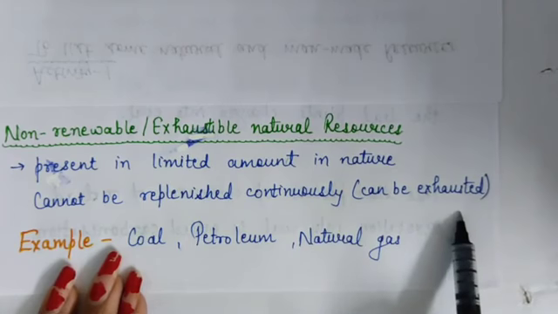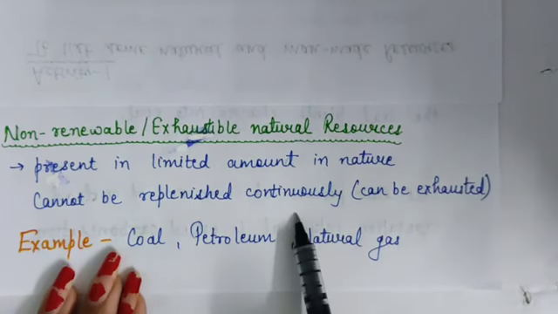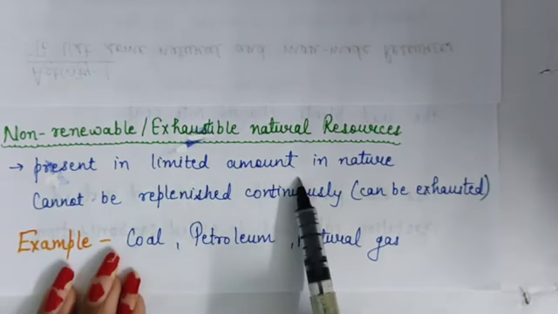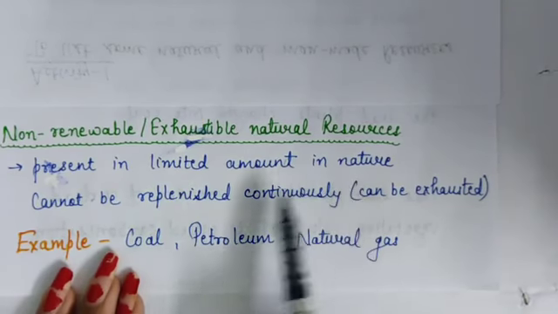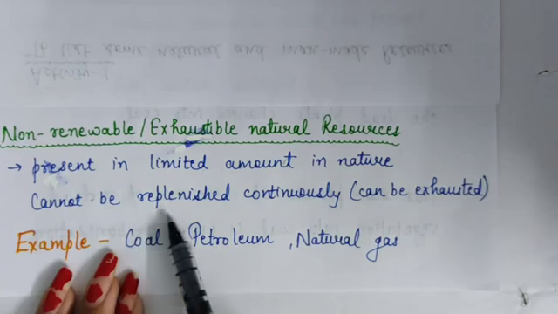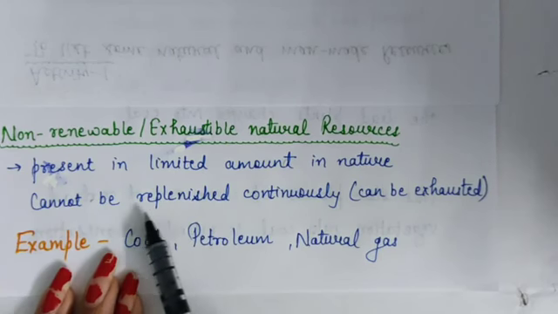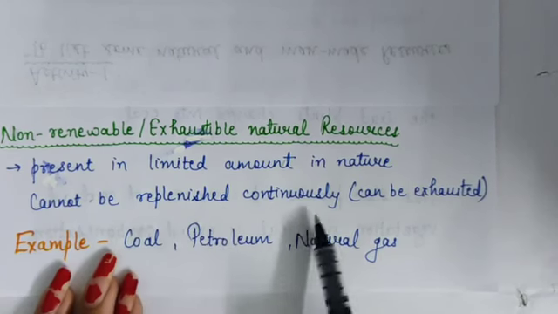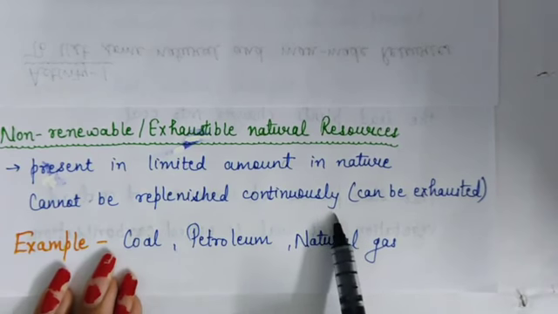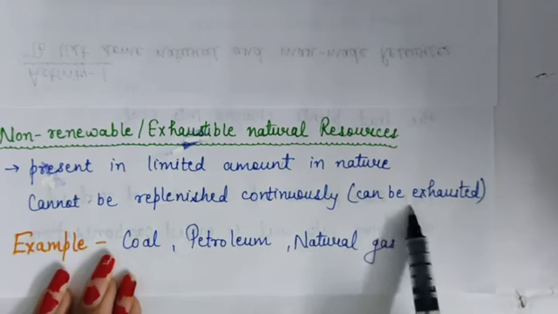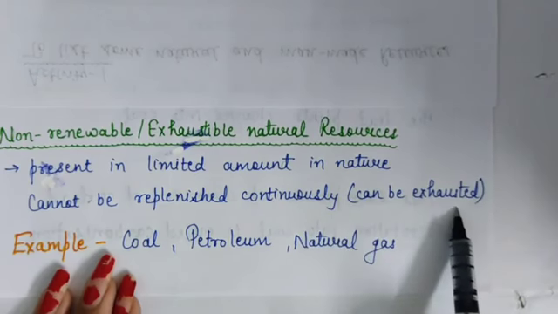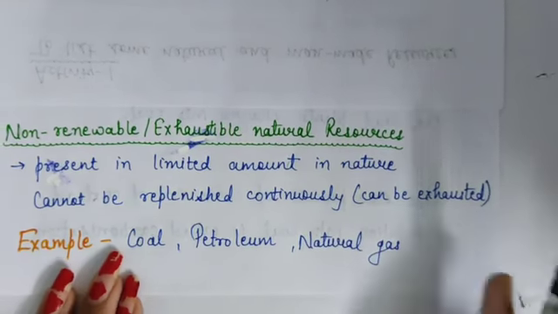The resources which cannot be replenished or restored continuously are called exhaustible natural resources. Means they can be exhausted. That's why they are called exhaustible natural resources.